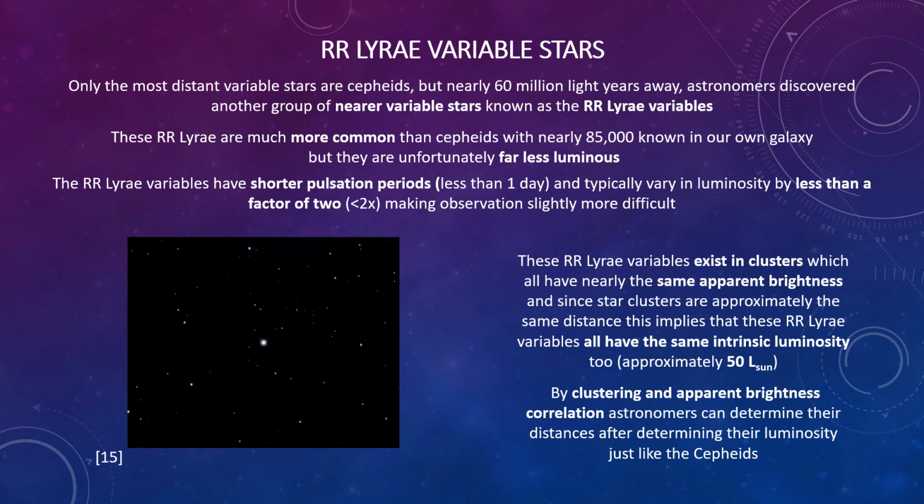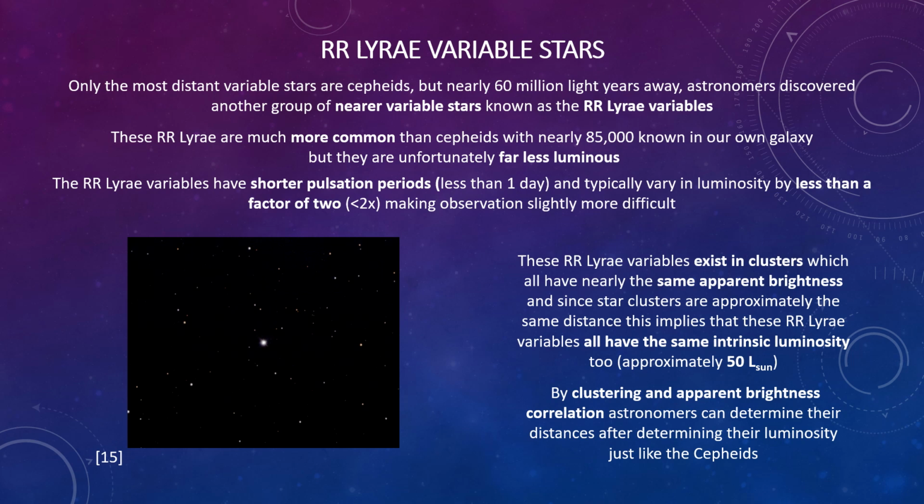However, they are far less luminous than Cepheids, and so Cepheids are used for determining further distances. However, these RR Lyrae are good for the intermediate distances between parallax and Cepheid variables. RR Lyraes have shorter periods of pulsation, often less than a day, and they typically vary in luminosity by less than a factor of 2, making these observations more difficult.